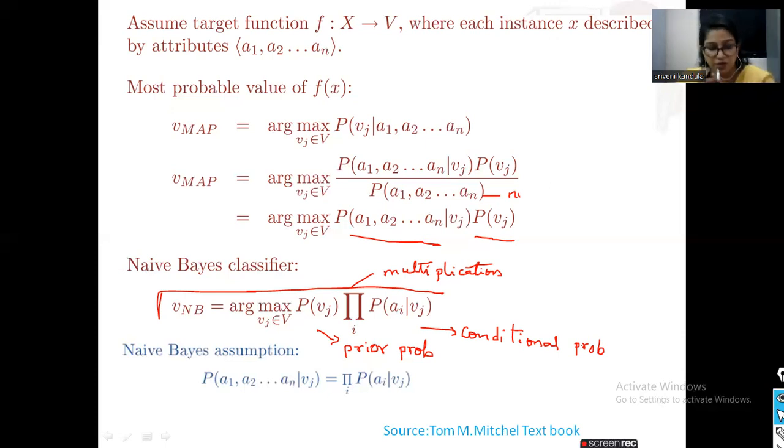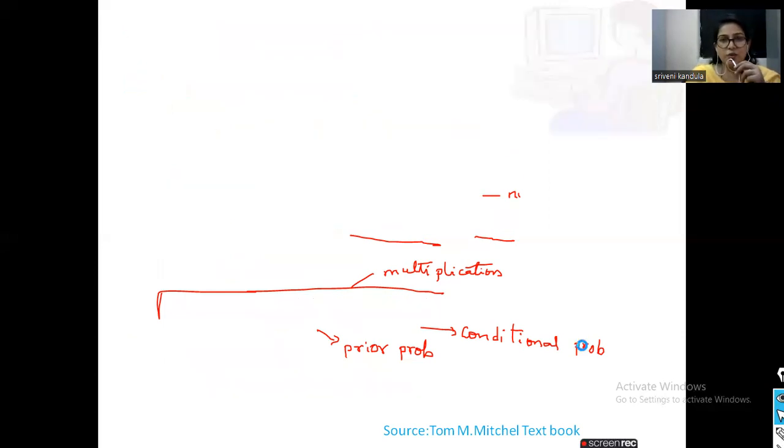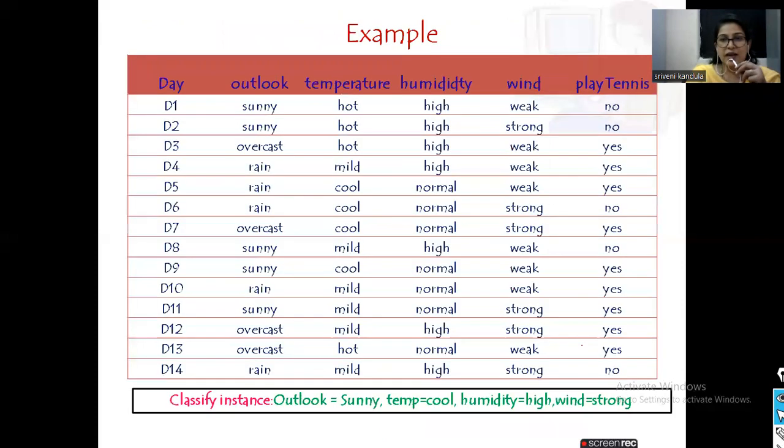So let us work out with a numerical example. The data set is the playTennis data set that we are assuming. Let us go back to the data set once. In order to calculate the prior probability, first of all, I should know how many positive instances are there, how many negative instances are there. Total instances are 14.